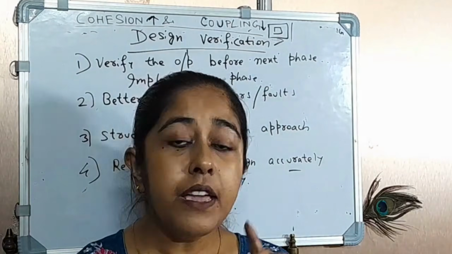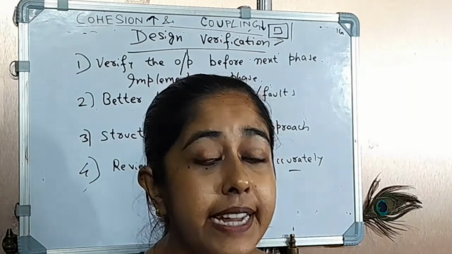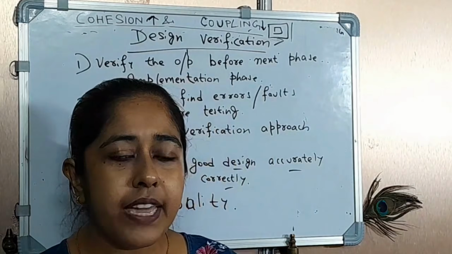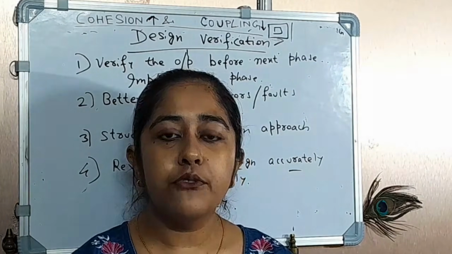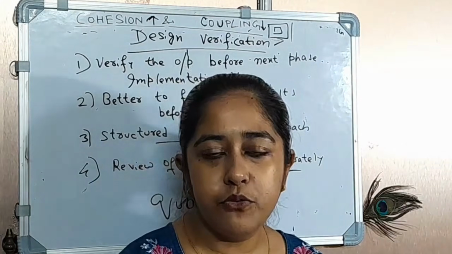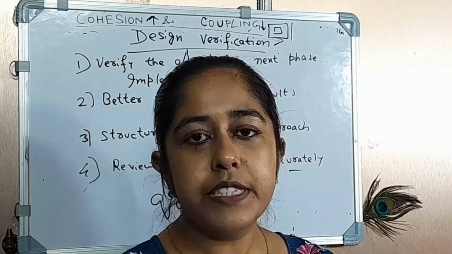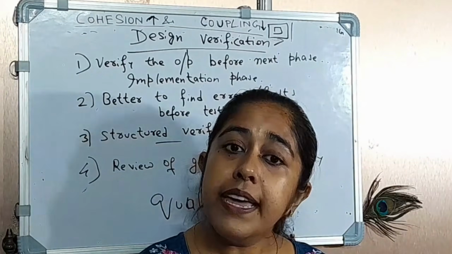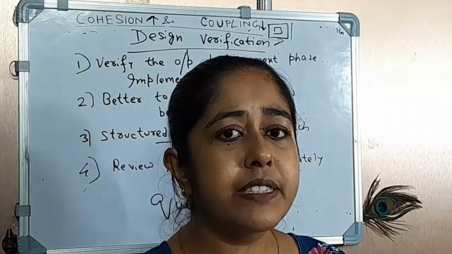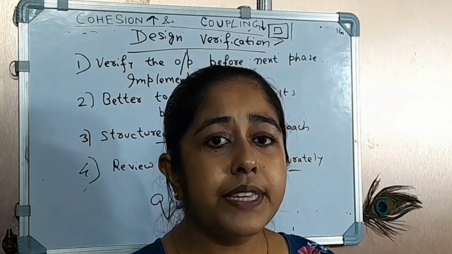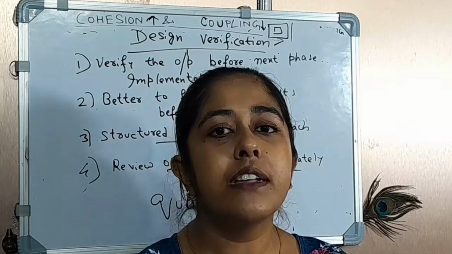Then it should be checked perfectly, accurately and correctly. If errors or mistakes come after this phase, you have to start again, refresh the start. So here we should check correctly and accurately for mistakes and errors, so that we can give a quality product to our customer.